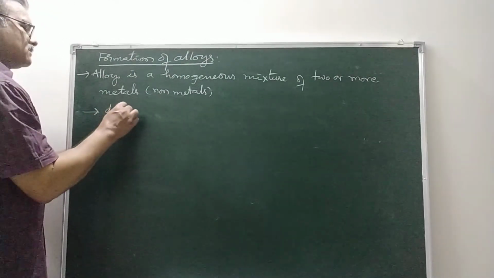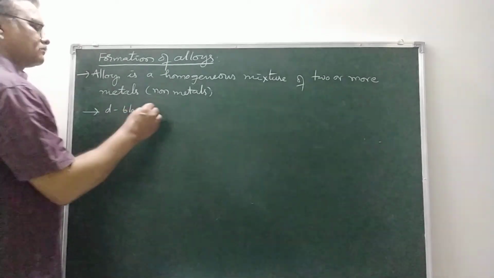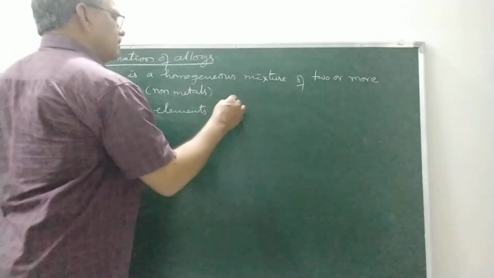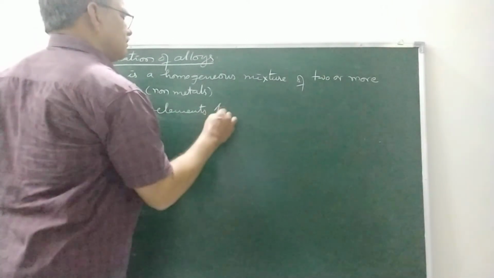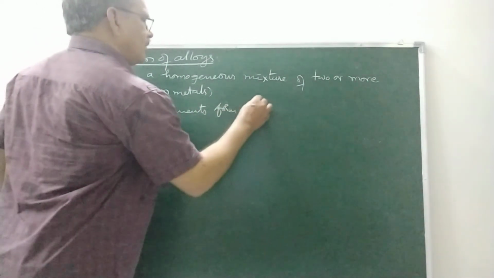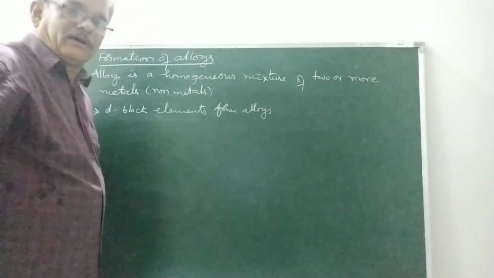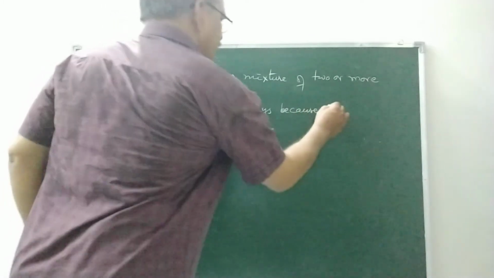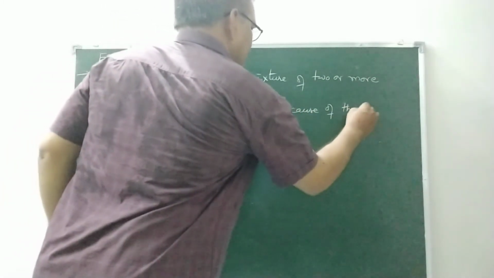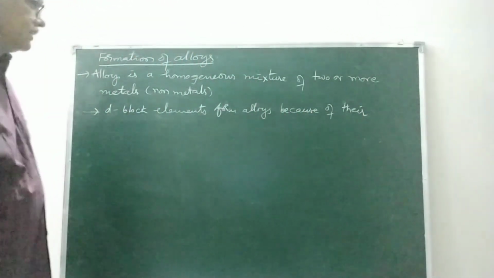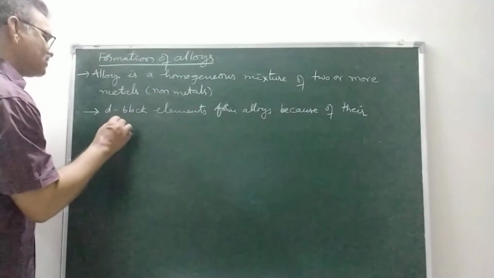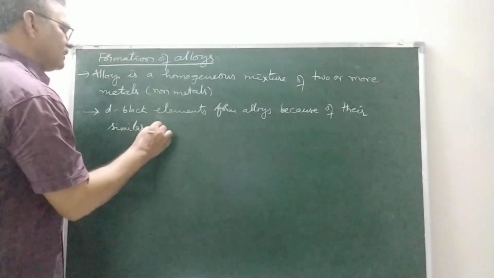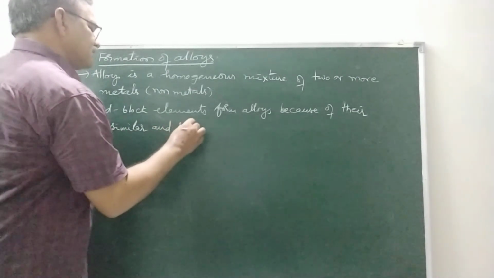D block elements form alloys because of their similar and small sizes.